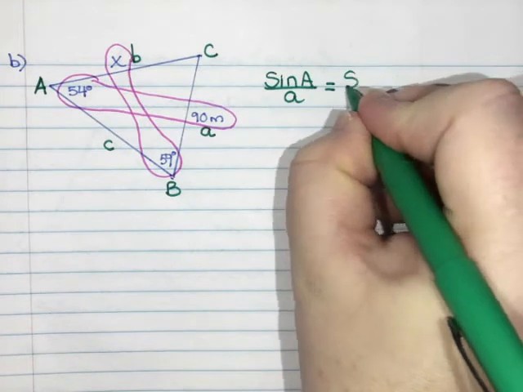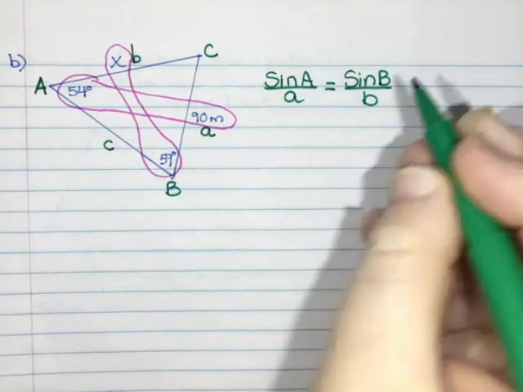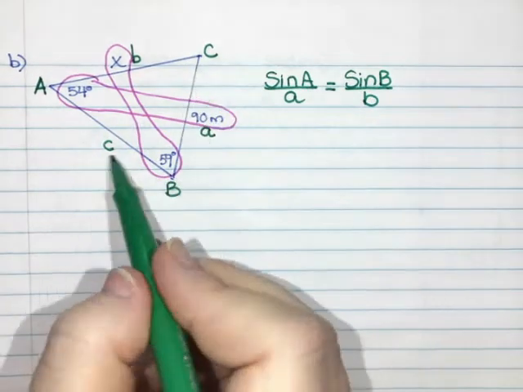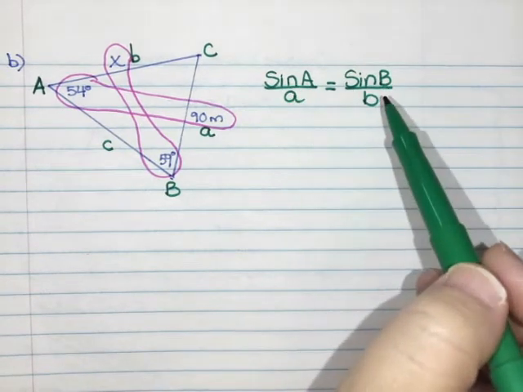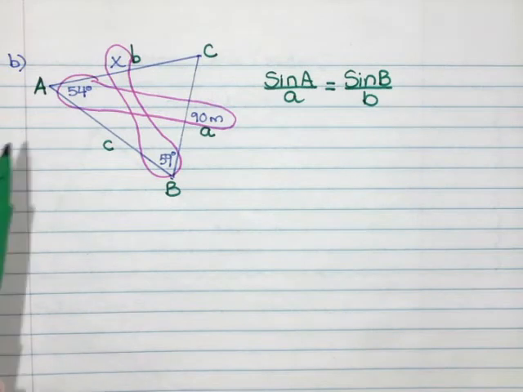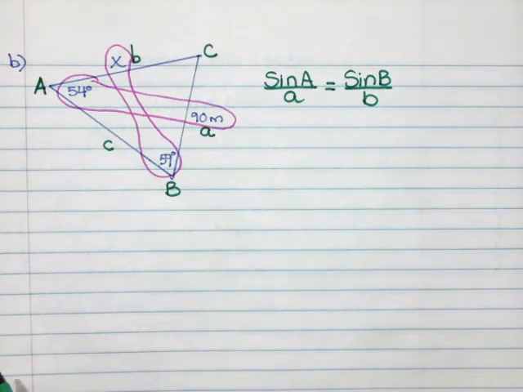So sine B over b. Now, if I look at C, I don't know angle C, I don't know side C, I kind of don't care, so I'm not going to use C as part of my equation. You can only have two parts in your equation when you're solving, so we're going to use the one that we know both numbers for and the one that has what we're looking for. Okay, so from here we're going to substitute in our numbers.